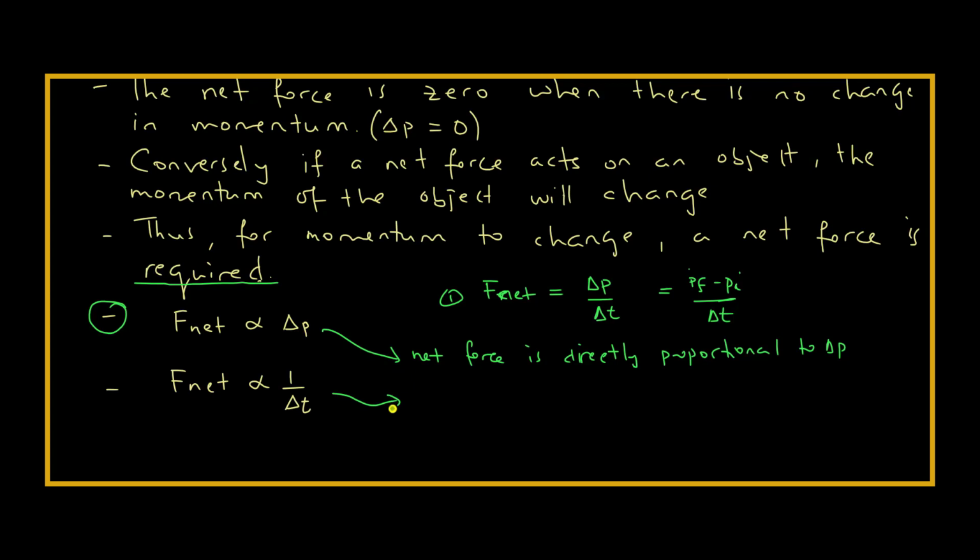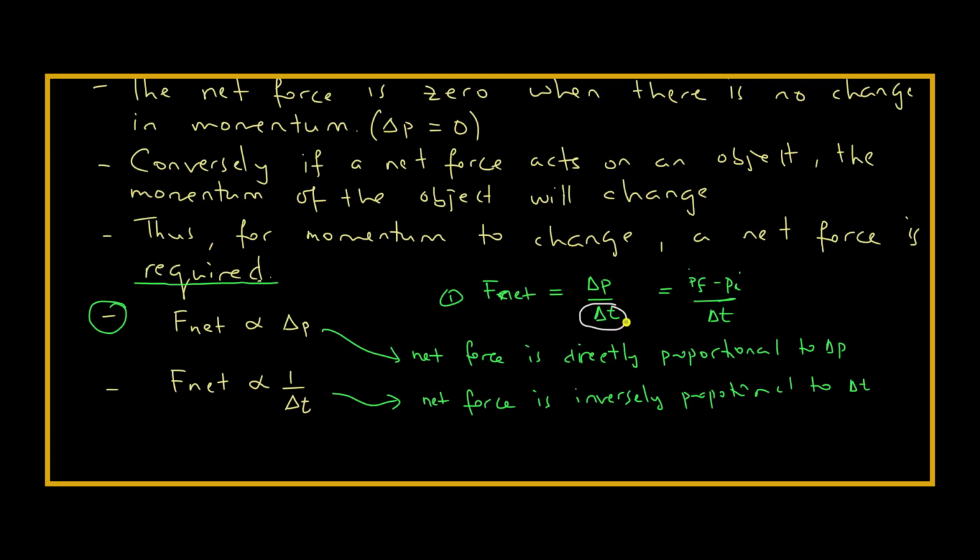And then the net force is inversely proportional to the change in time. What this means is that if we have a bigger value of delta T, then the net force will be small.